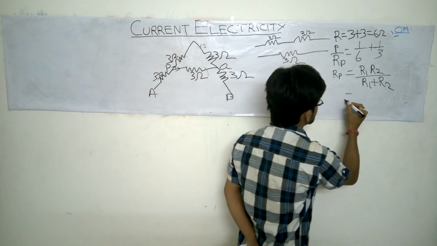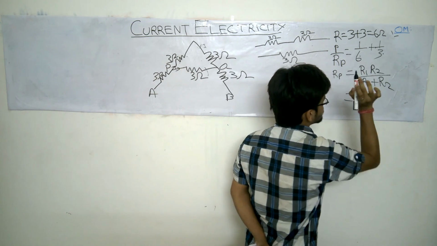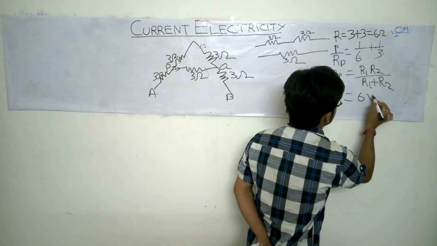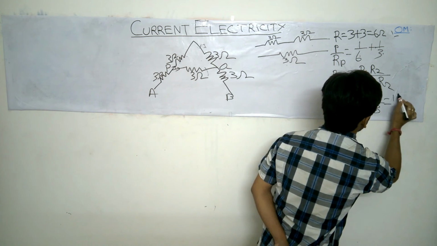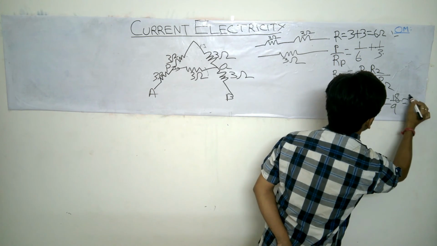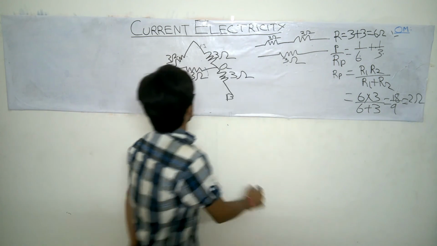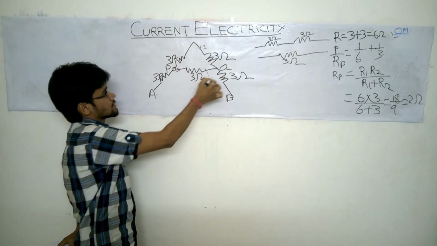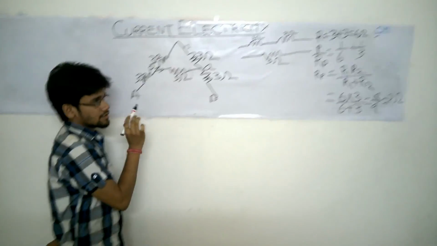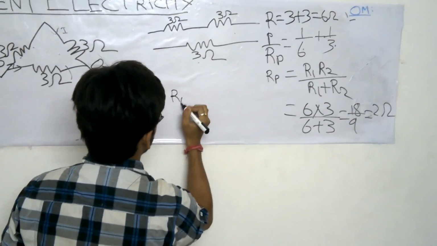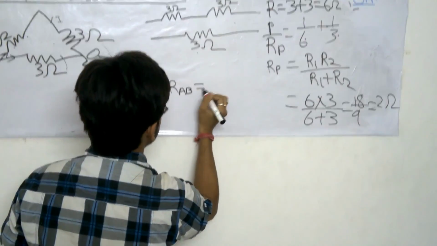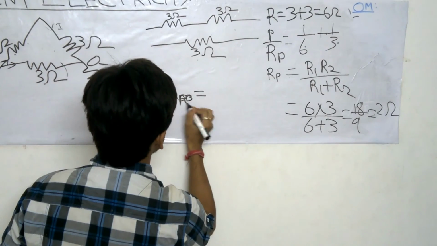So here, this is R1, this is R2. 6 into 3 by 6 plus 3. What we get? 18 by 9. Answer is 2. We got the value of this entire combination, that is 2 ohm. Okay, so I write RPQ equals 2 ohms.